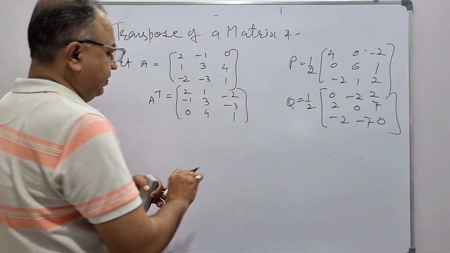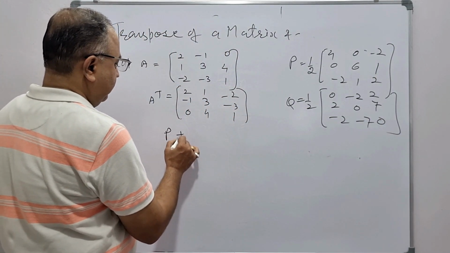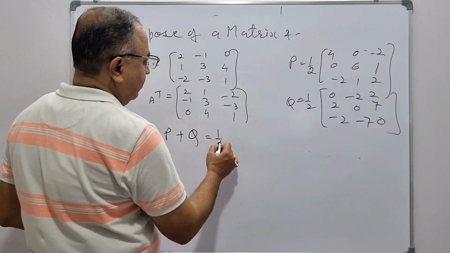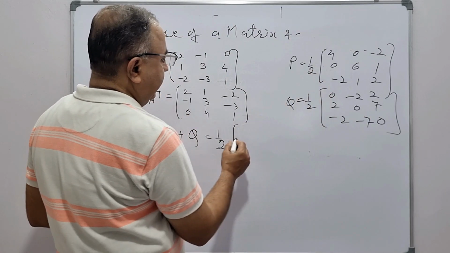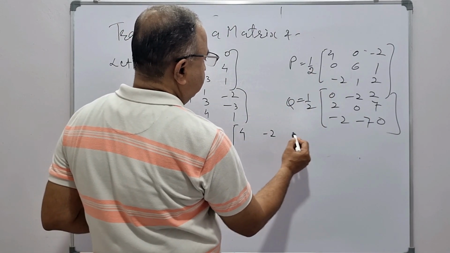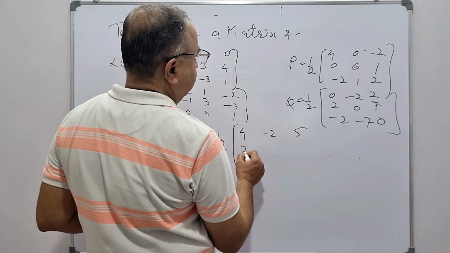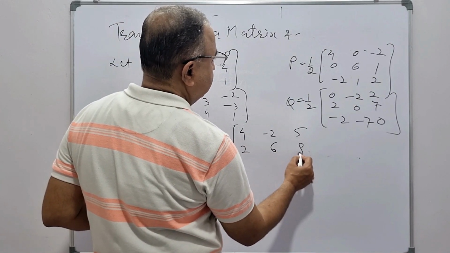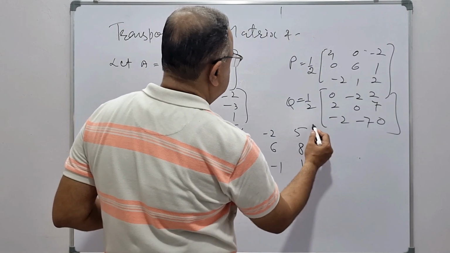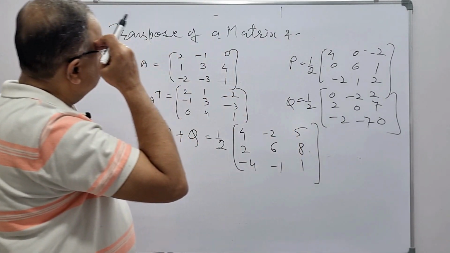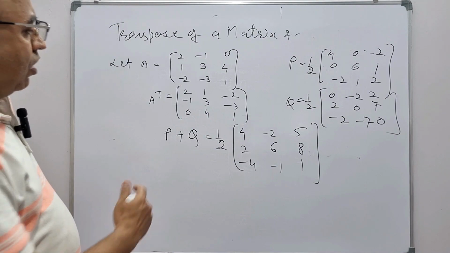So now we add P and Q both. Adding means half is out. Corresponding integers added. Now you have to divide.